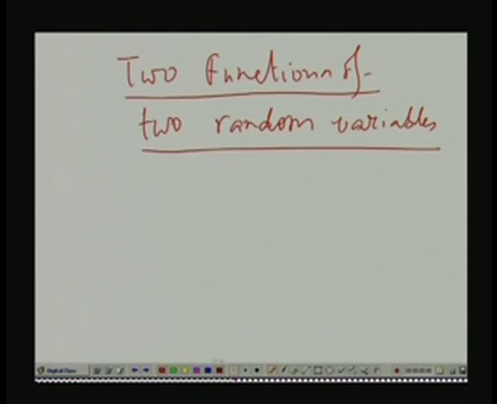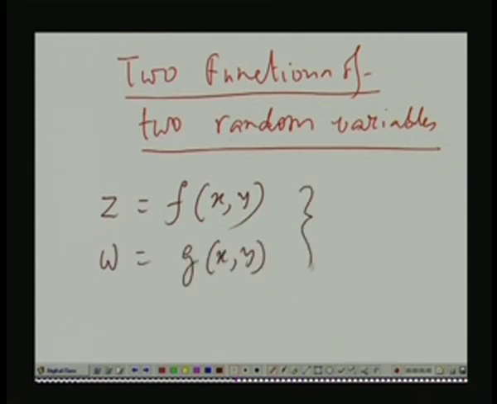That is, we are given z is equal to f of x comma y and w is equal to g of x comma y. Obviously, z and w, since they are functions of x and y, in general are also jointly random. So, I can have joint probability distribution and joint probability density functions for w and z.